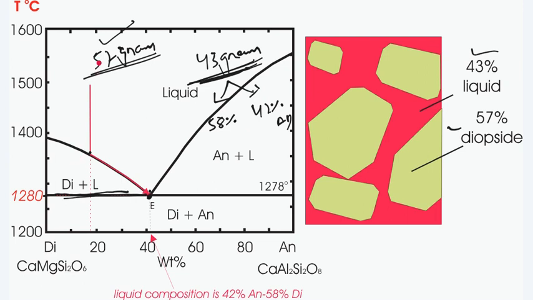So if dioxide is initially 82 gram, and 57 gram is already solidified, then how much is left? 82 minus 57, 25 gram.